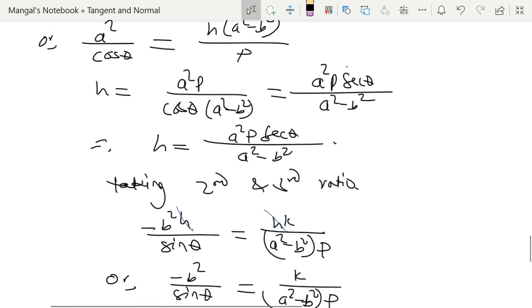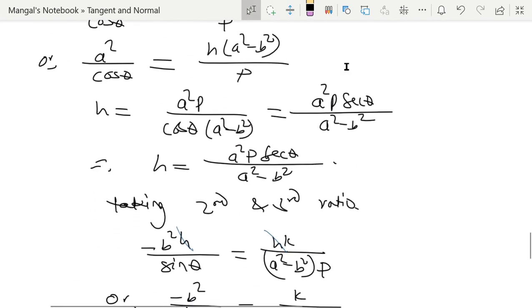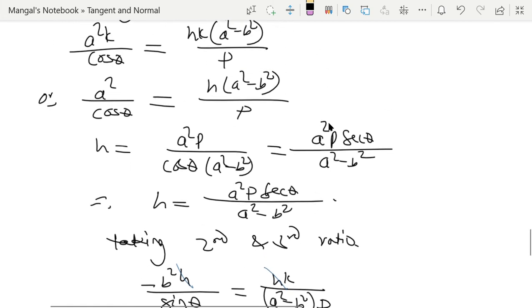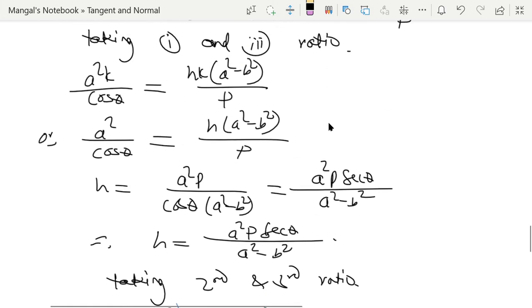Okay, let's check that we've got it correctly. Somewhere I have made a mistake, I guess. Here h was a square into p and cos theta into a square minus b square, that was right.